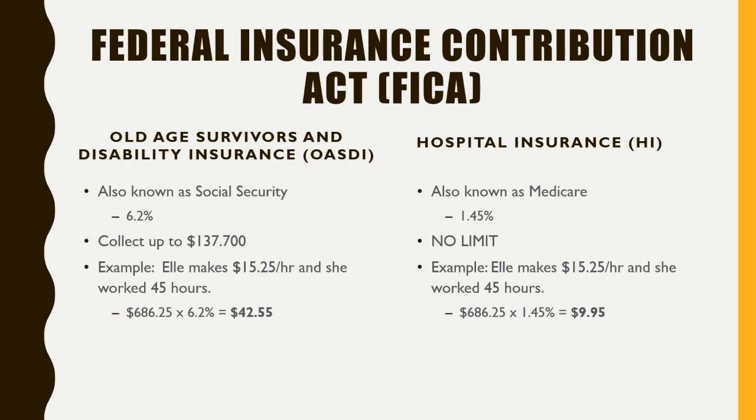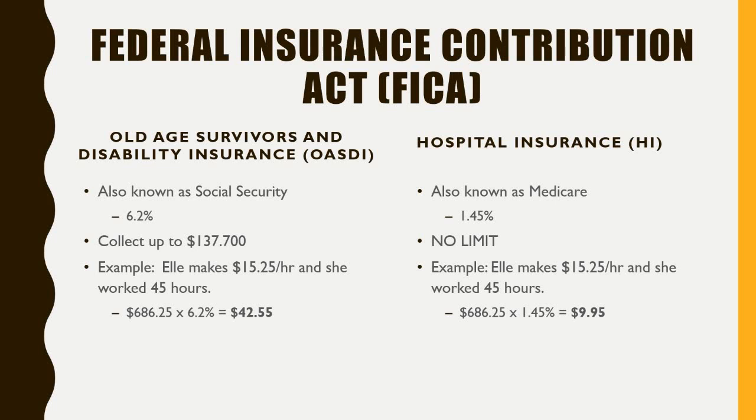So now we're going to go ahead and introduce you to the Federal Insurance Contribution Act, which is also known as FICA. FICA is relevant especially when we have employees, we need to make sure that we have the capability to pay into their Social Security, as well as their Medicare.